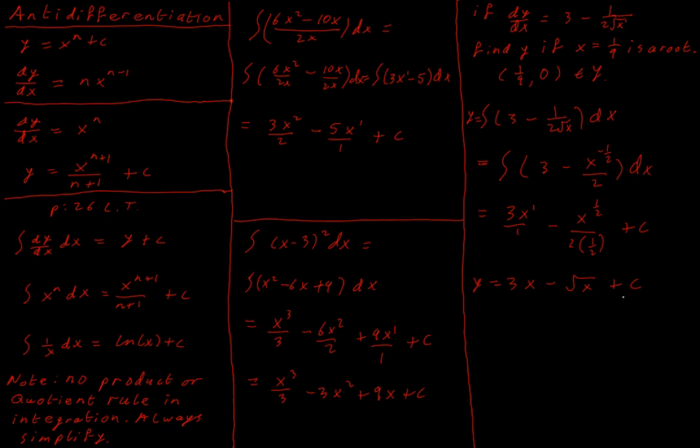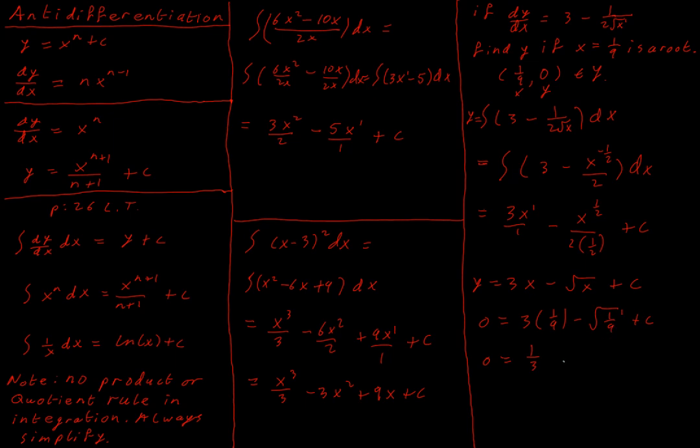And then we want to find out our value for c. So we know that when x is a ninth, y is 0. So 0 is equal to 3 on a ninth minus square root of a ninth plus c. 3 over 9 is going to be a third.